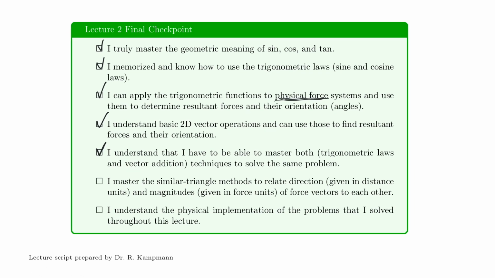The similar triangle method is very important for me here, so that is something that engineers need to master. Again, you have that in lecture 0 already listed if you need to read up more on that. But that is something I definitely master at this point. And of course, I know now how to physically implement all these concepts. So that means we are now ready to take a look at the homework.